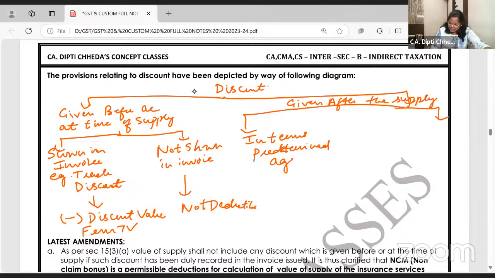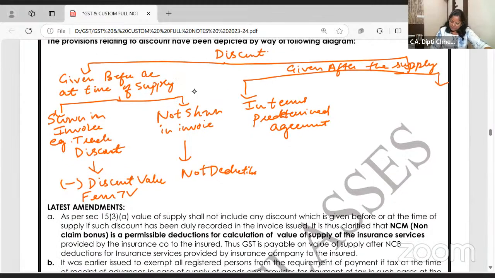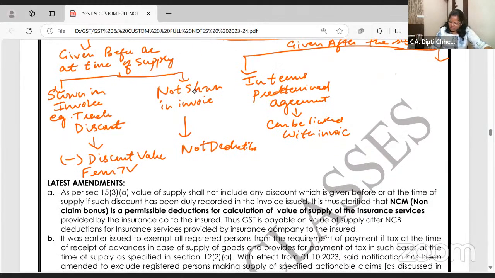It can be linked with the invoice. Okay, it was pre-decided, given later, but it can be linked with the invoice. It is predetermined. And most important is proportionate ITC reversed by the recipient. If the recipient has reversed proportionate ITC, then what you have to do? Minus the discount.